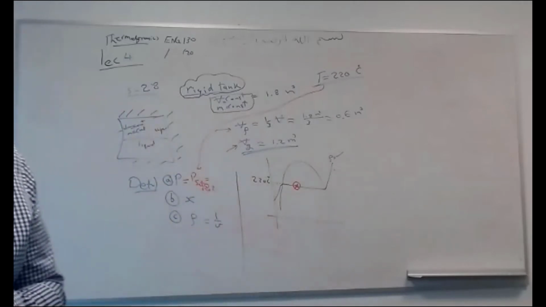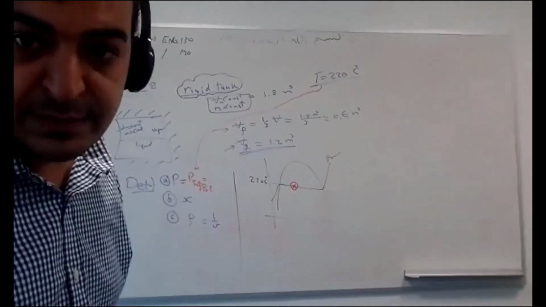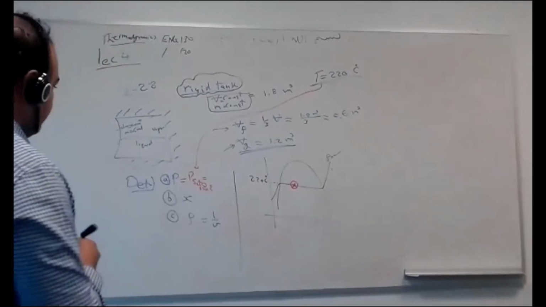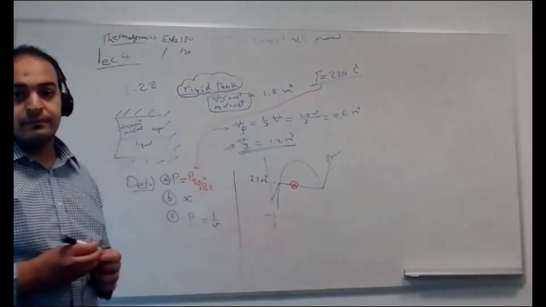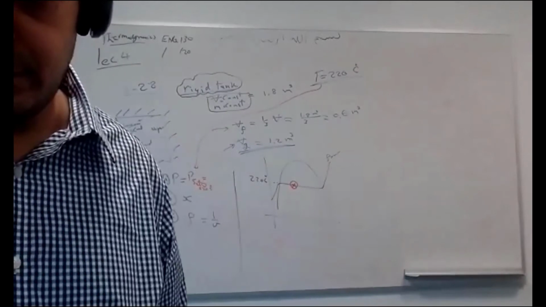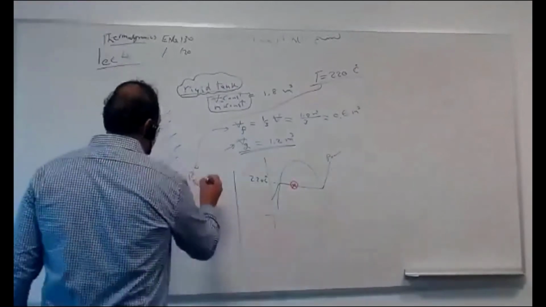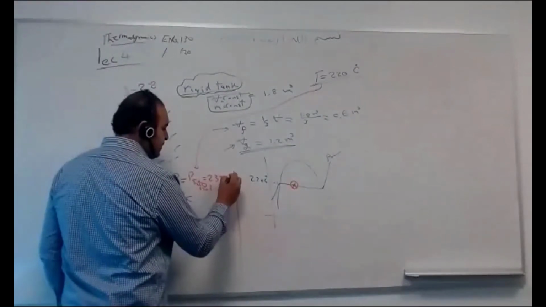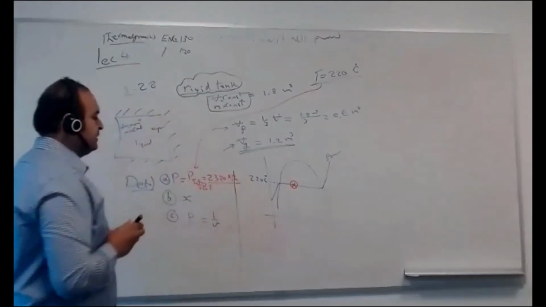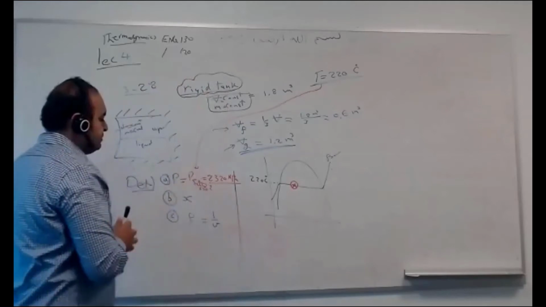Open table A4 and tell me what this is. 2319.6, 2320 kilopascal. Perfect. This is almost 20 atmospheres at 220 Celsius.